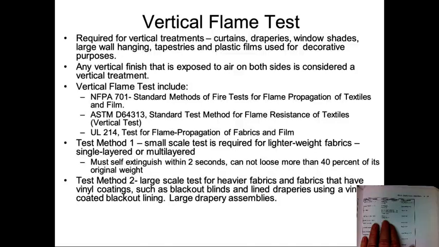Then test method 2 is a large-scale test for heavier fabrics and fabrics that have vinyl coatings such as blackout blinds and lined drapes, using a vinyl-coated blackout lining. Large drapery assemblies. Now, a lot of times you may stay in a hotel that has both types of treatment in place.